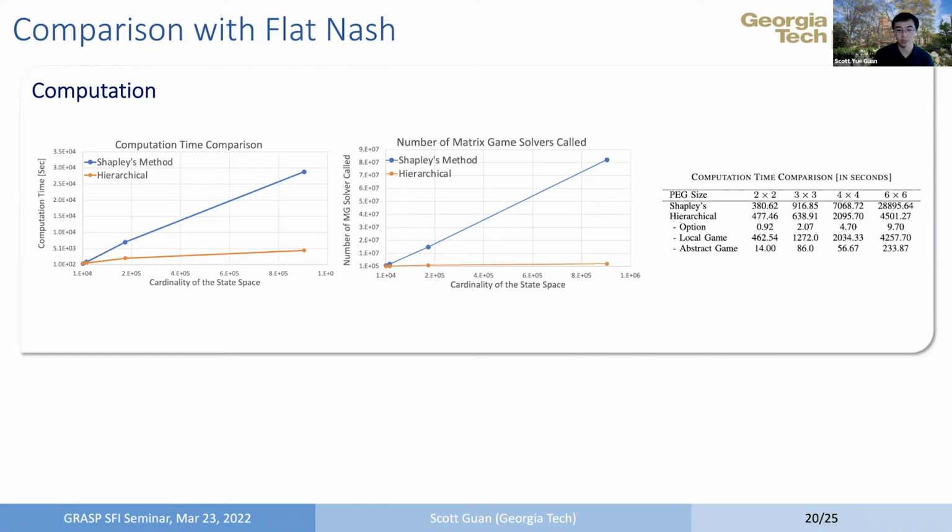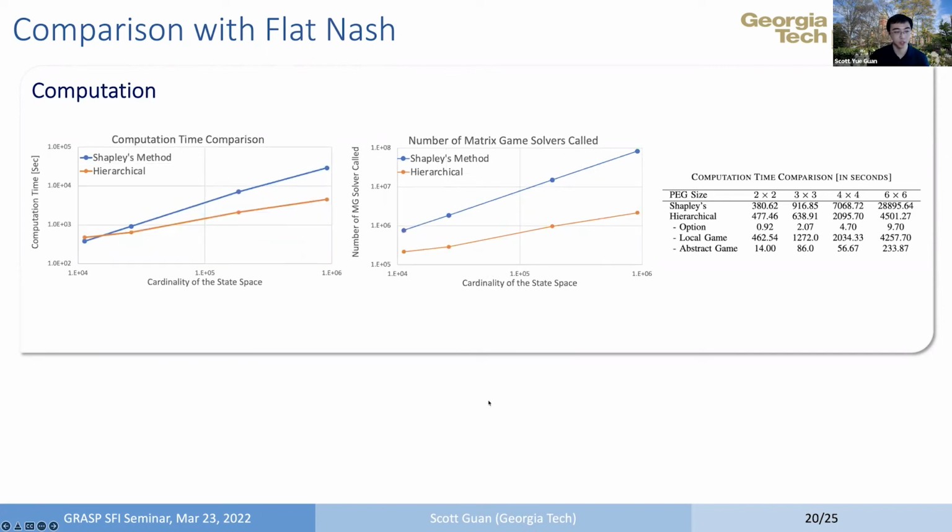We can see that the computation time of the hierarchical approach increases much slower than the flat Nash approach as the game gets larger. The other metric we use here is the number of matrix games solved, or solver calls, and this is also increasing much slower.